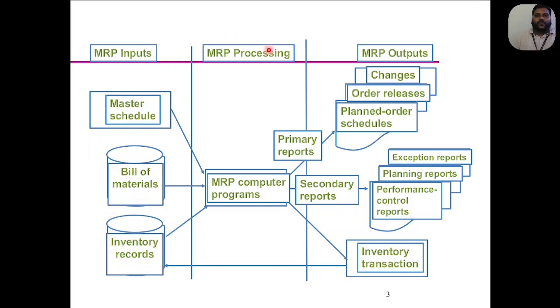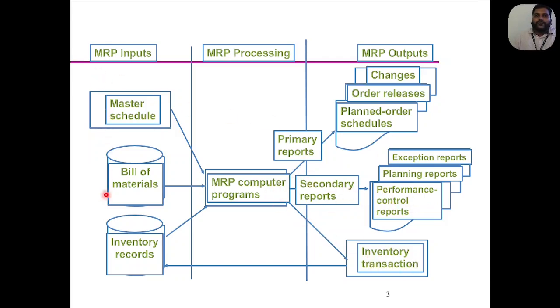So in the processing, the computer programs and the primary reports are sent to the planned order schedules. So the order is released and any changes that have to happen. All these things give us the outputs over here. Secondary reports are exception reports, planning, performance control reports, everything comes over here, followed by the inventory transaction.